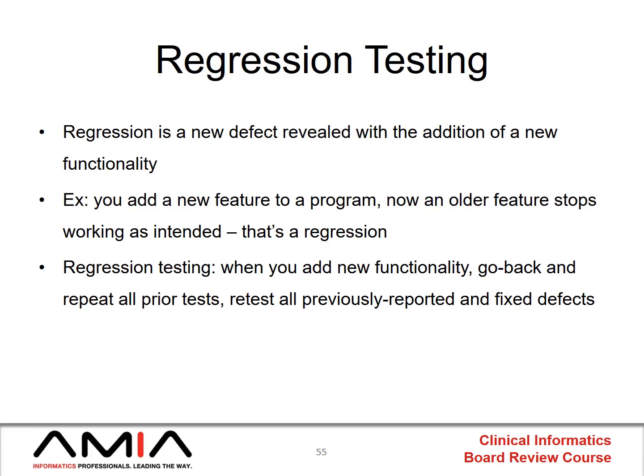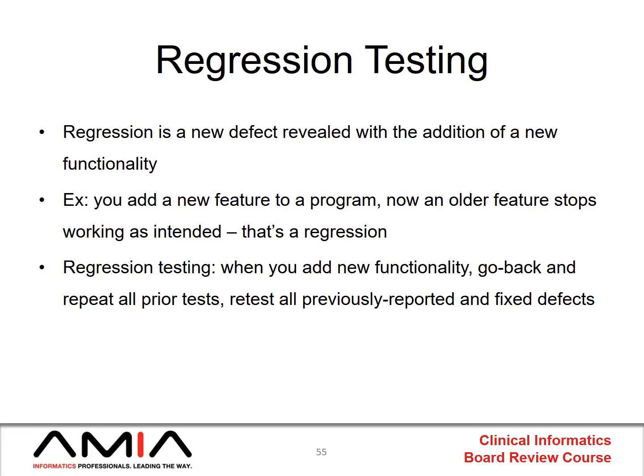Another common example you hear is something called regression testing. A regression is a new defect that's revealed with the addition of new functionality. So let's say, for example, your electronic health record is undergoing an upgrade. When you complete the upgrade, you notice that everything's working as expected.